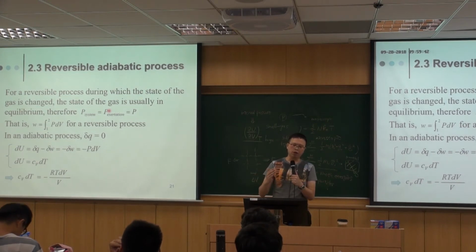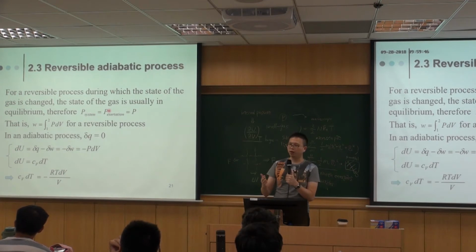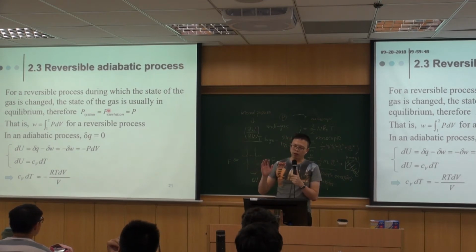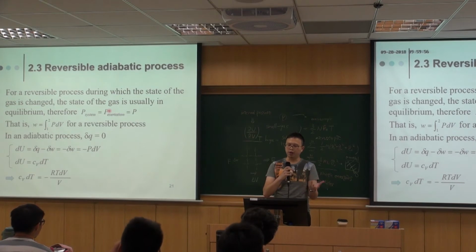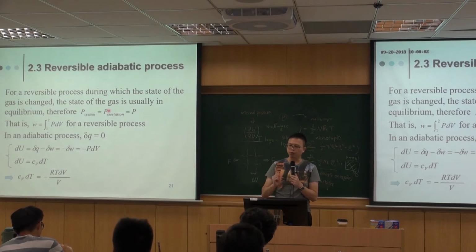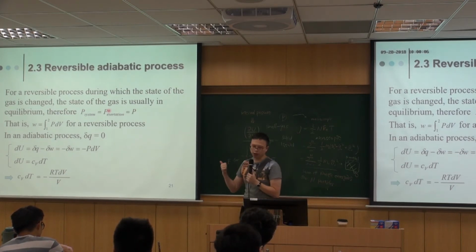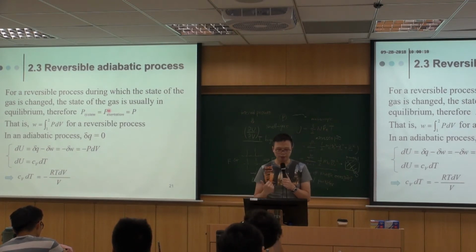If you're not dealing with a reversible process, or the system is out of equilibrium, it means that when we enforce a force or pressure on the system, there's a response time. And the pressure change of the system will be different from the force that you put onto it. But the thing that we're dealing with right now is always in equilibrium.